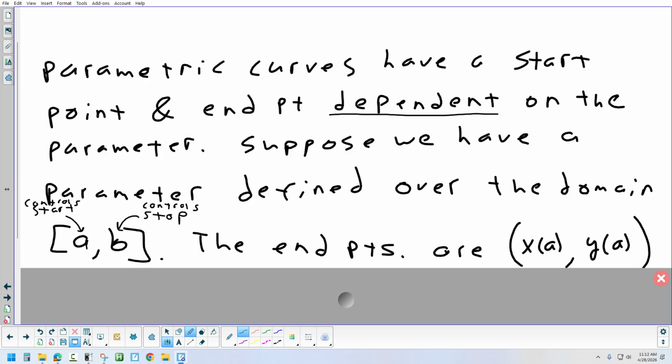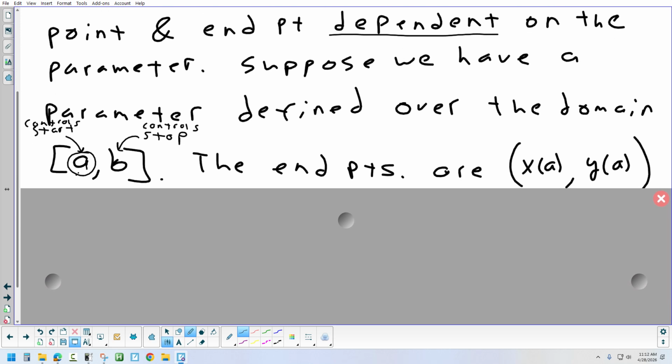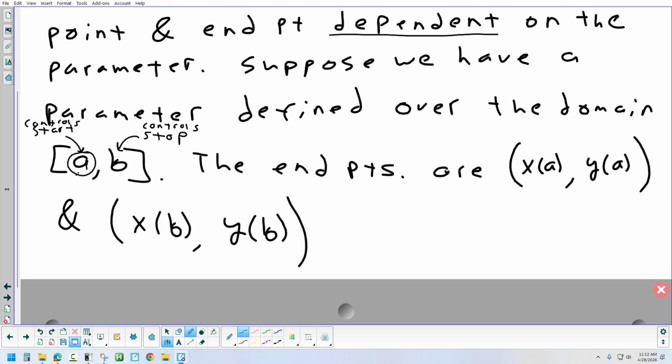To figure out where it's actually going to start and stop, let's do the start. You're going to take the low value and fill it into your formula for x. And then you're going to take the low value and fill it into your formula for y. And that's going to tell you where your graph will start. To figure out where your graph is going to stop, you take your high value.